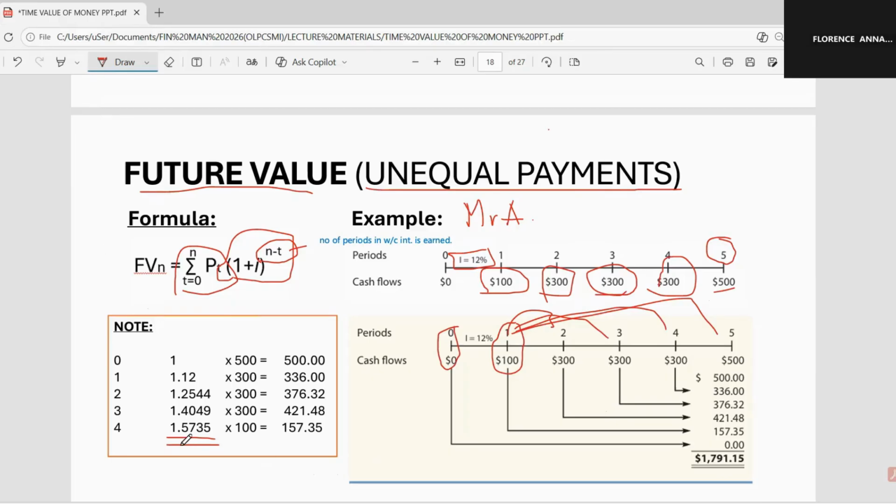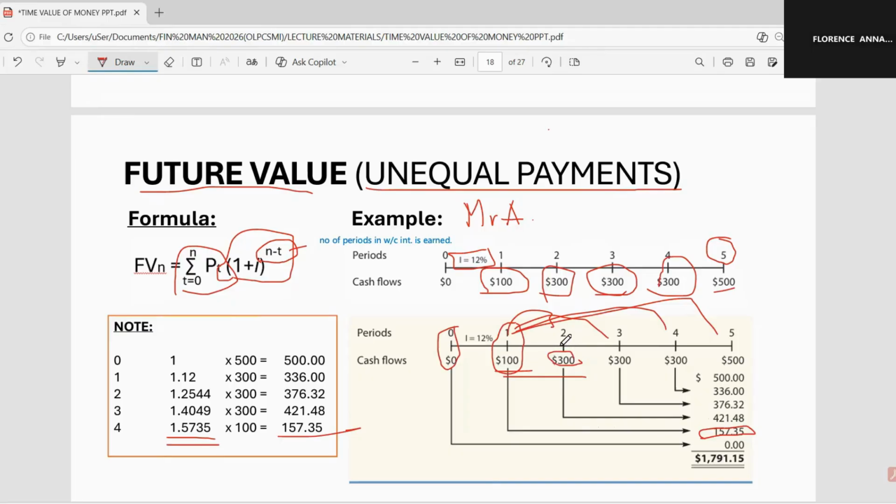You get 1.5735. Kaya 1.12, that is 1 plus 12% na interest rate. So, 1.5735 times $100, you'll get $157.35.